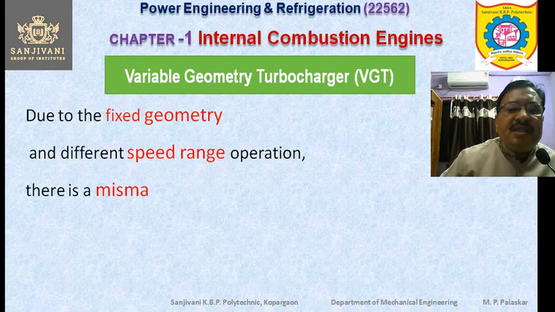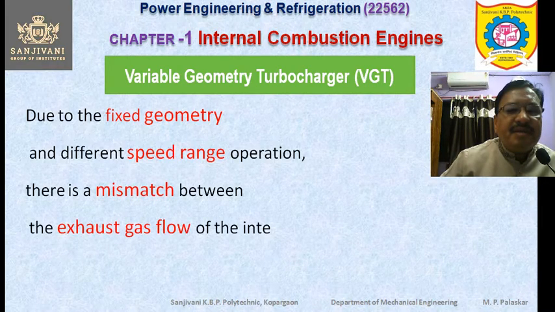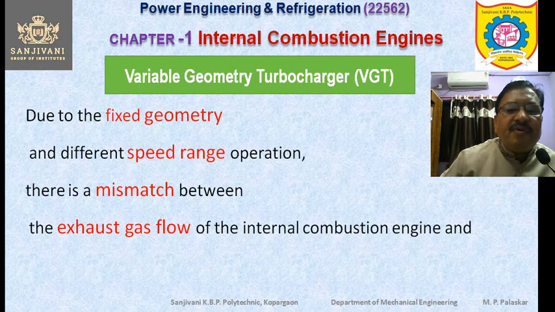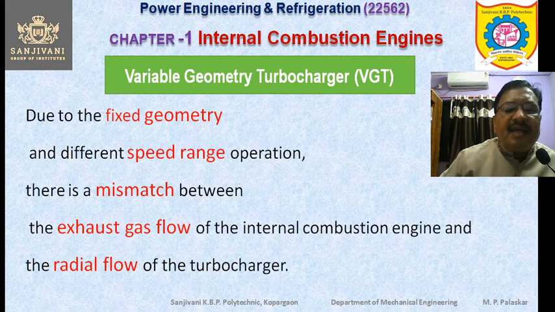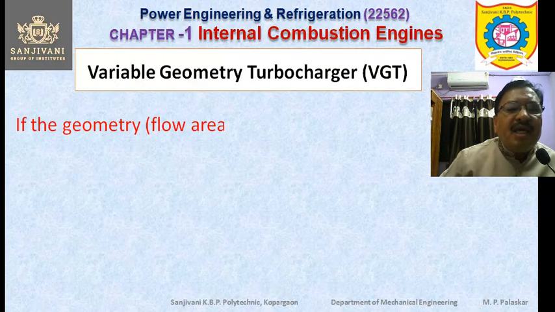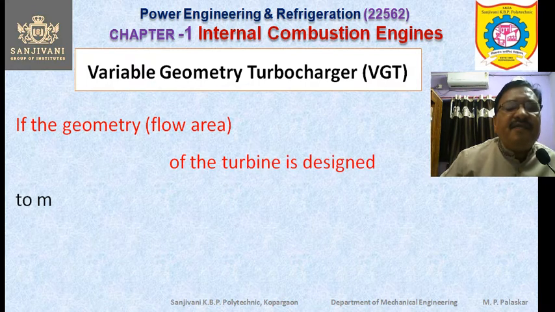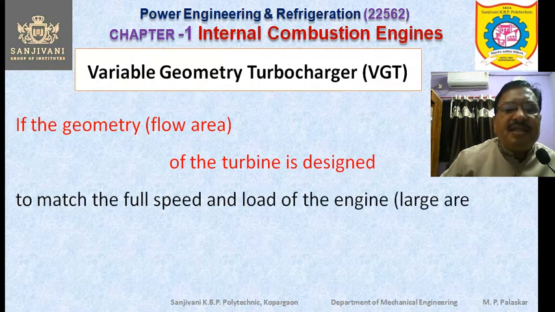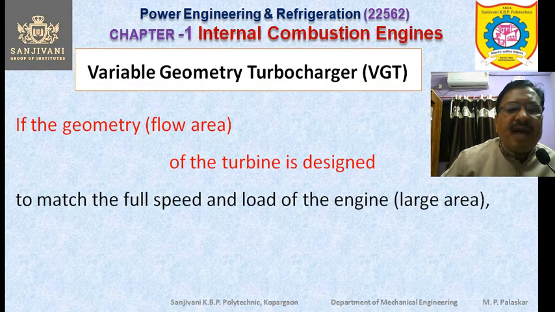Due to this, there is a mismatch between the exhaust gas flow of the IC engine and the radial flow of the turbocharger. So what is this mismatch? If the geometry, that is the flow area of the turbine, is designed to match the maximum speed and load of the engine, by having a large area, what will happen?